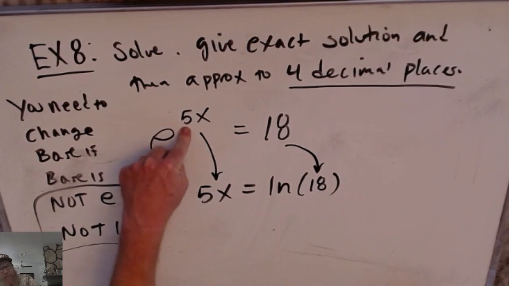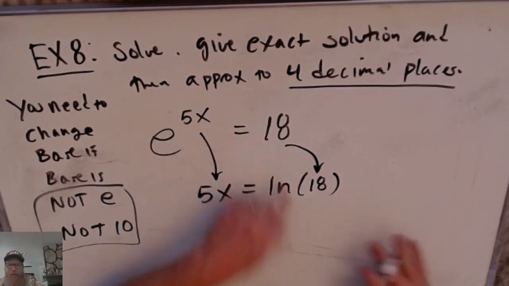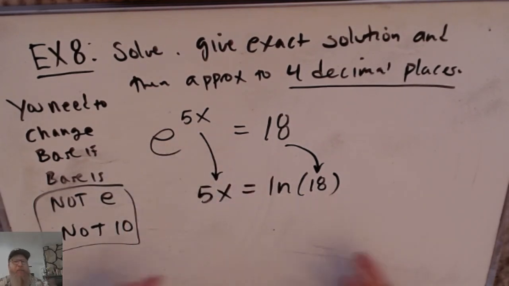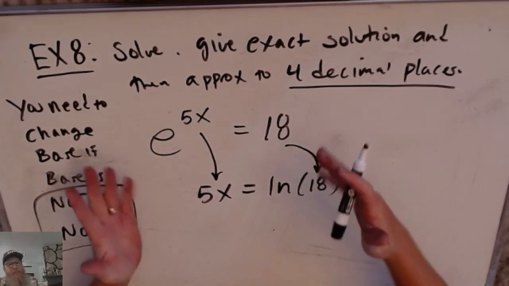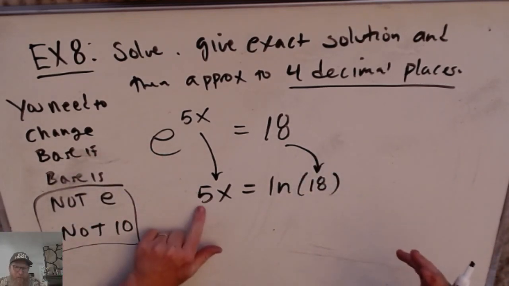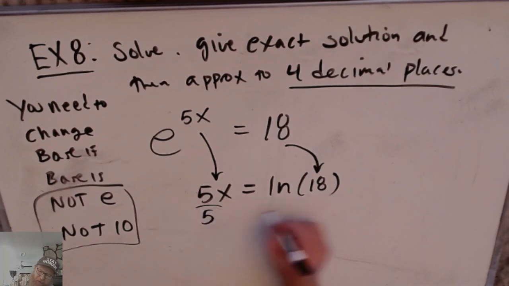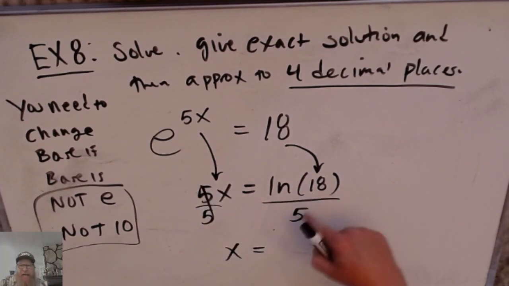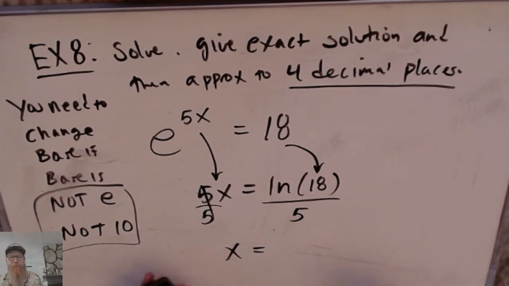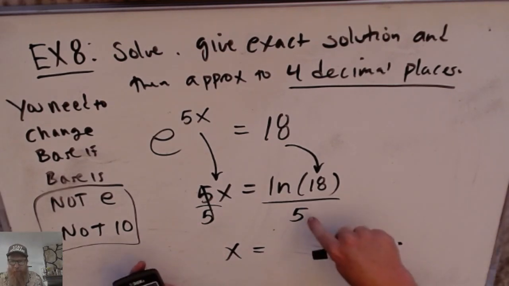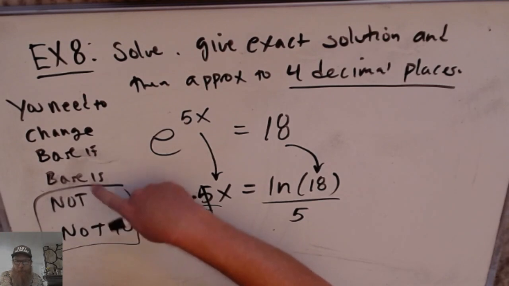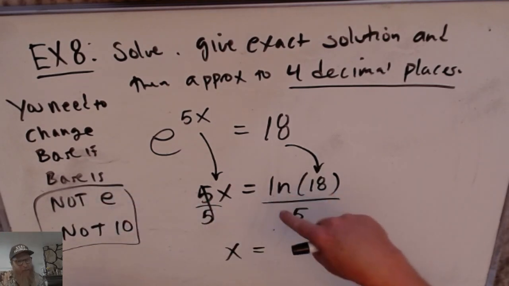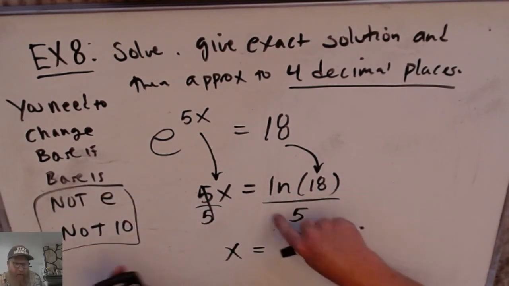If e to the 5x is equal to 18, you don't need a fancy recipe or a fancy formula. This is essentially a free answer. You have one step, and that's to divide both sides by 5. Make sure that you divide after you've done the ln. All right. Now this is very important. I'm not using the change of base formula, so it's not ln 18 and ln of 5.